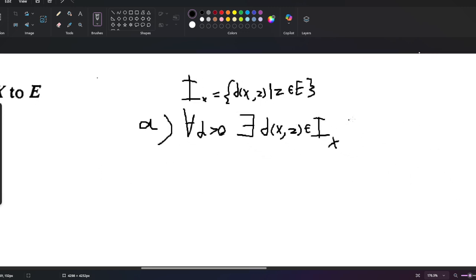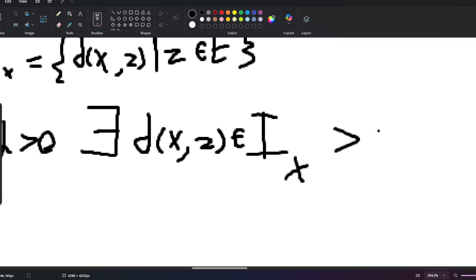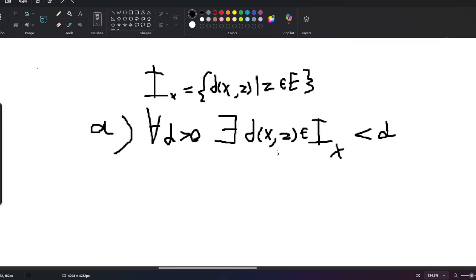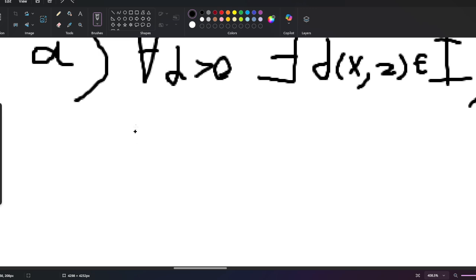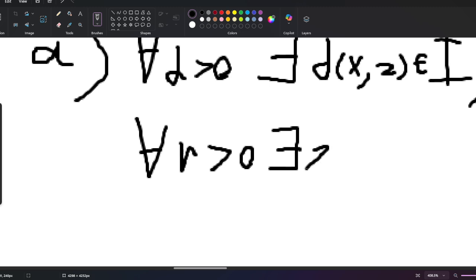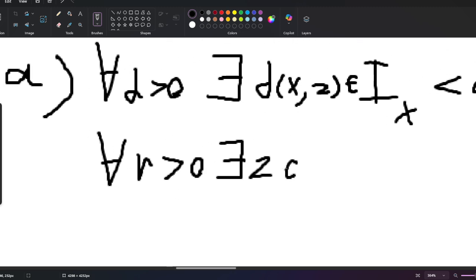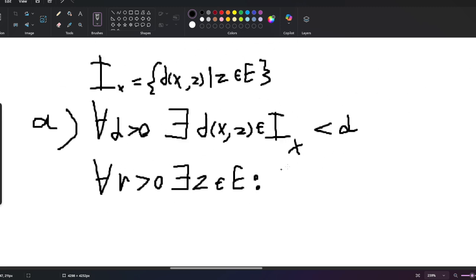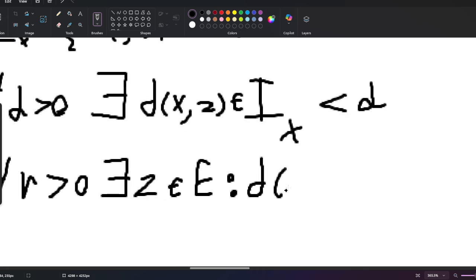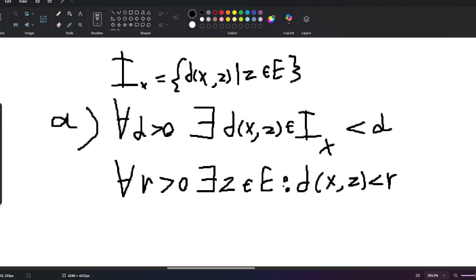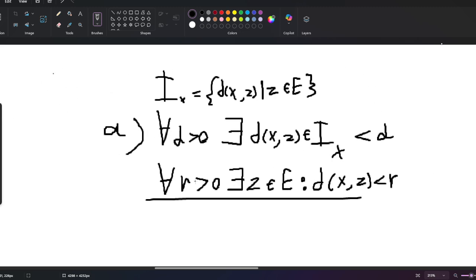Alright. That is going to be less than alpha. And this can be rewritten as: for every radius r greater than 0, there exists z belonging to E such that the distance between x and z is less than r, and essentially this is the definition of a limit point.